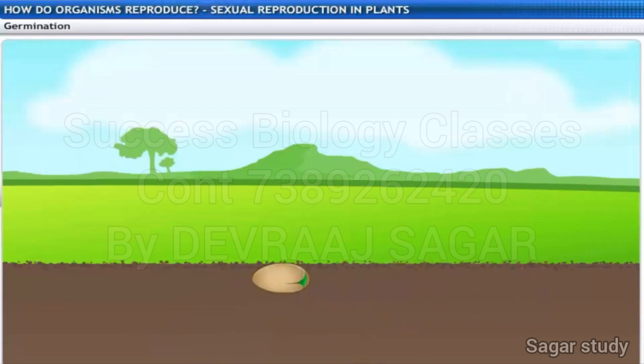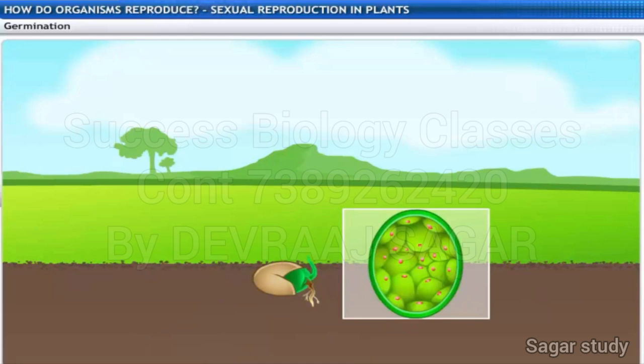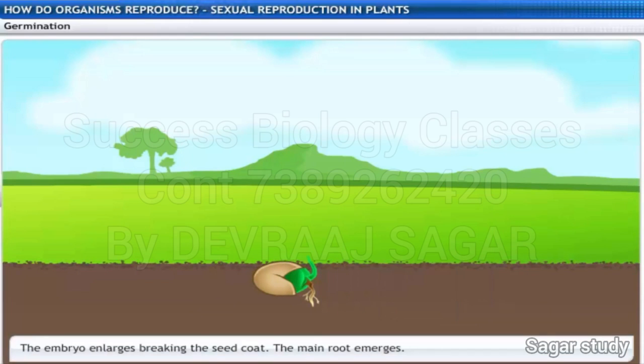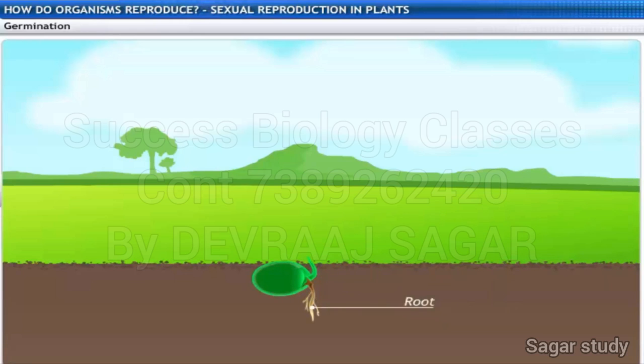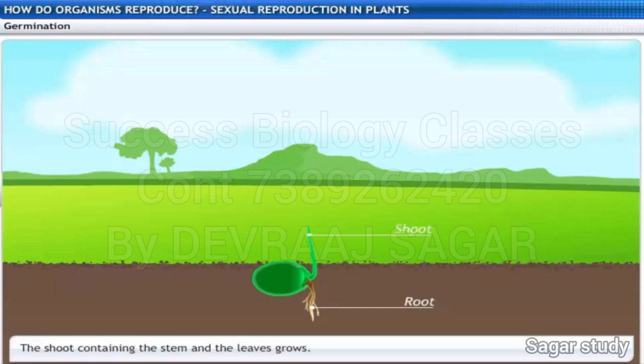Germination begins when the seed starts growing. The first phase shows the embryo's cells enlarging. The seed coat then breaks and the main root emerges. This is then followed by the development of the shoot that contains the stem and the leaves.